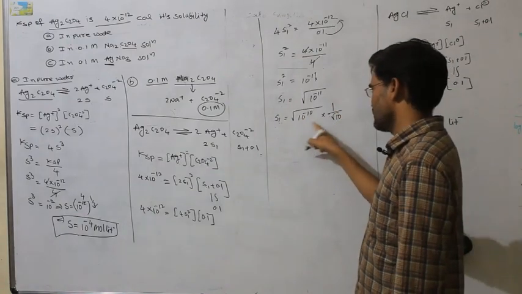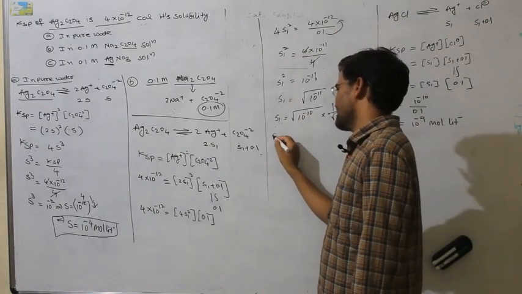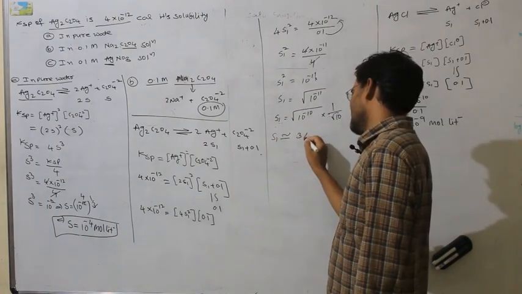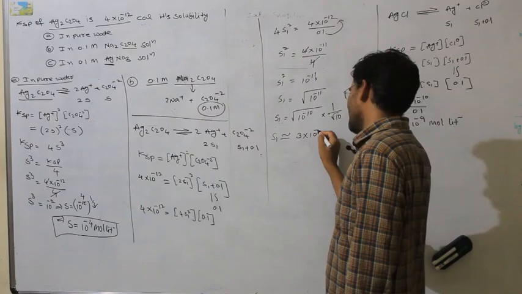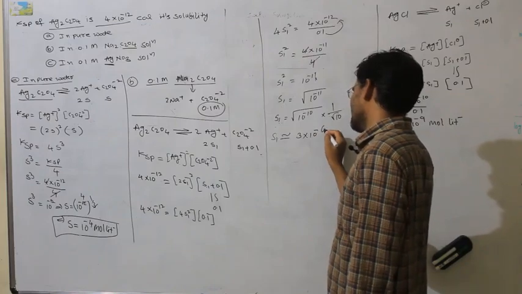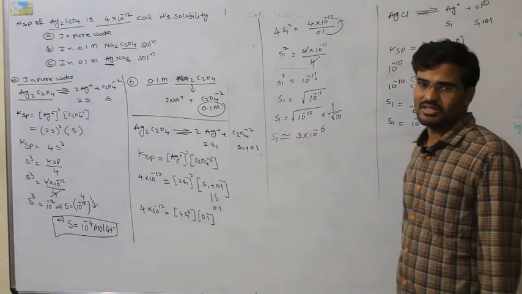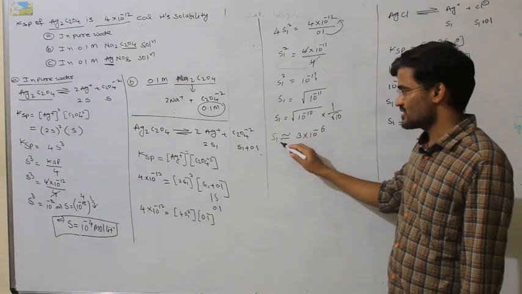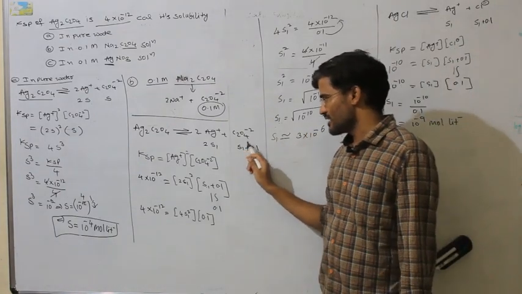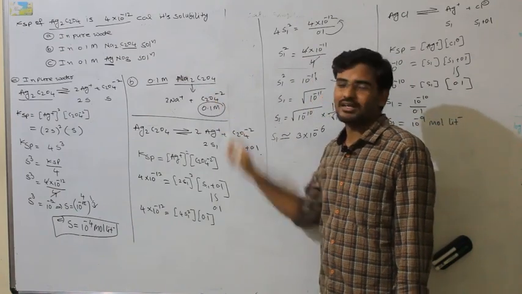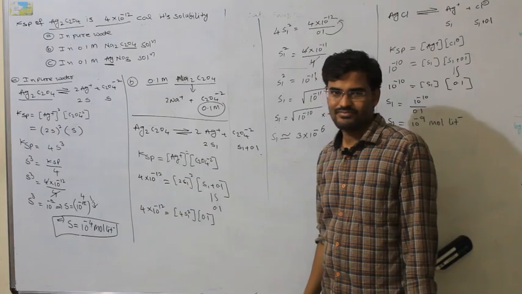If you go further with simplification, it comes approximately 3 into 10 power minus 6, which is S1. S1 is what? The new solubility of silver oxalate in a sodium oxalate solution. Isn't it?